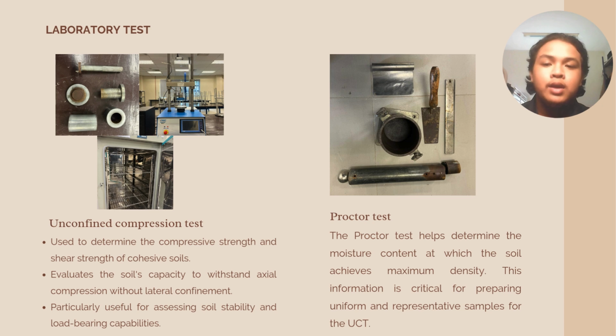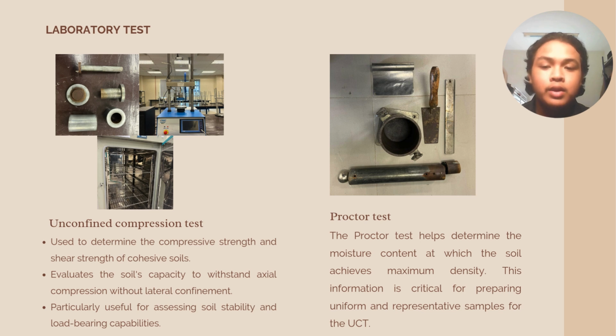So these are the laboratory tests that we will conduct. The first one, unconfined compression test. This test is used to determine the compressive strength and shear strength of cohesive soil. It evaluates the soil's capacity to withstand axial compression without lateral confinement.